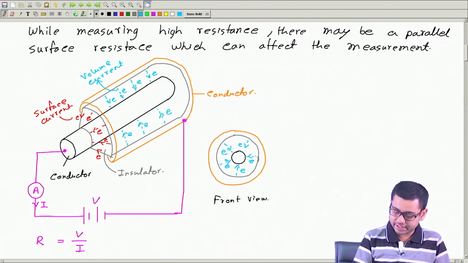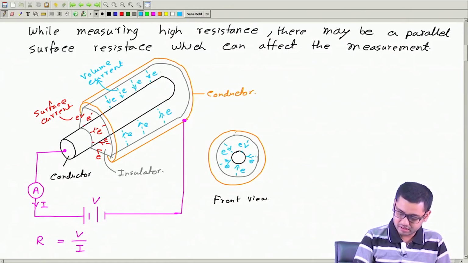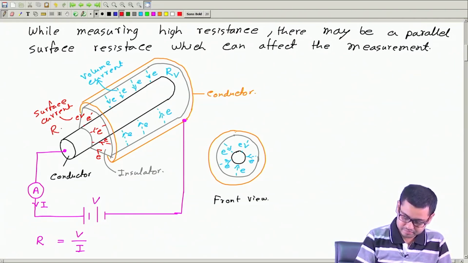Both start from this outer sheath and end at this central core. So, these two currents are parallel, and the resistances offered to them we call R V, the volume resistance, and R S, the surface resistance.